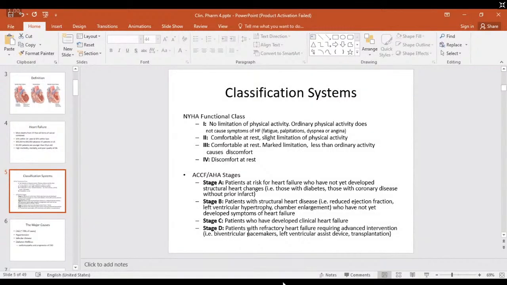These are a special type of pacemakers that can pace both the right ventricle and the left ventricle. They're called cardiac resynchronization devices, so CRTs.